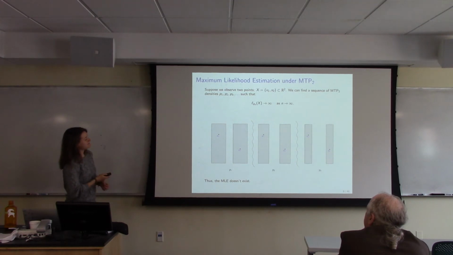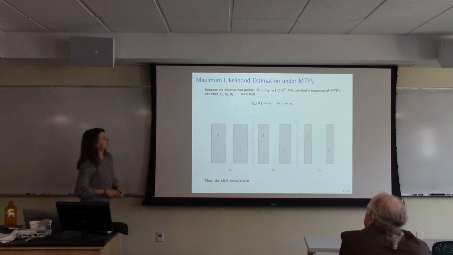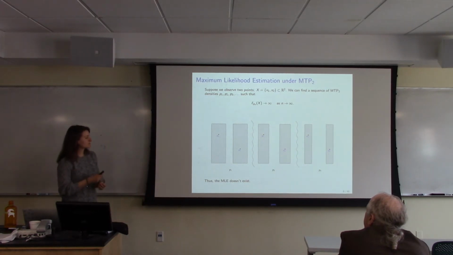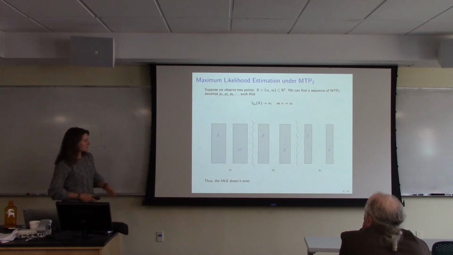Suppose we observe 2 points, x1 and x2 in R2, here they are, this one and this one, and now we'll construct a sequence of densities that are MTP2, but the likelihood goes to infinity if you switch between these densities. Here is the first one.